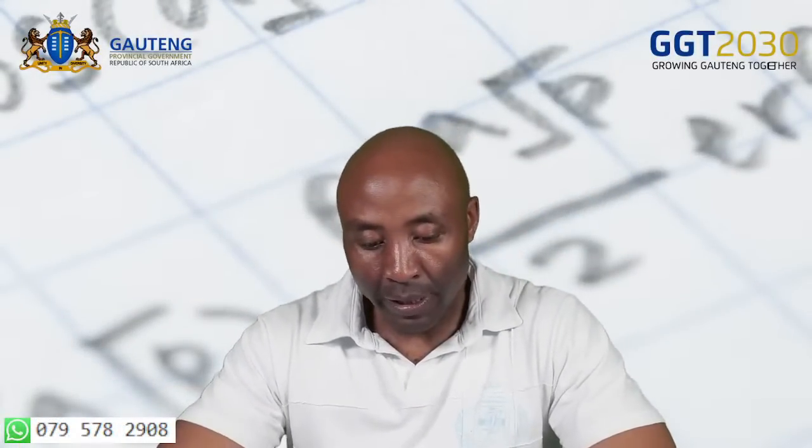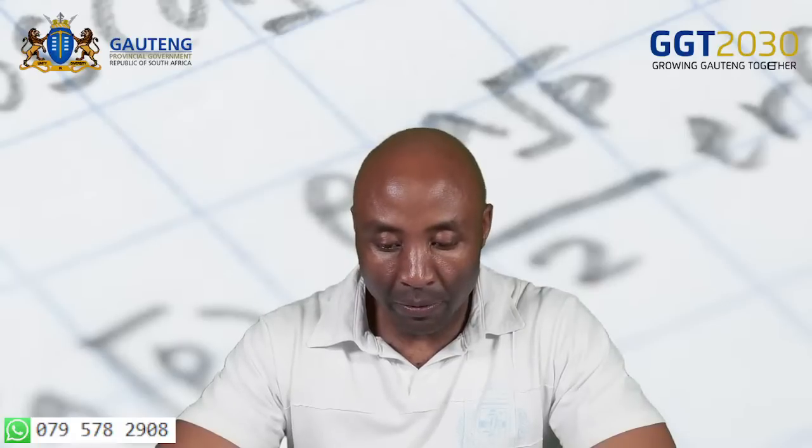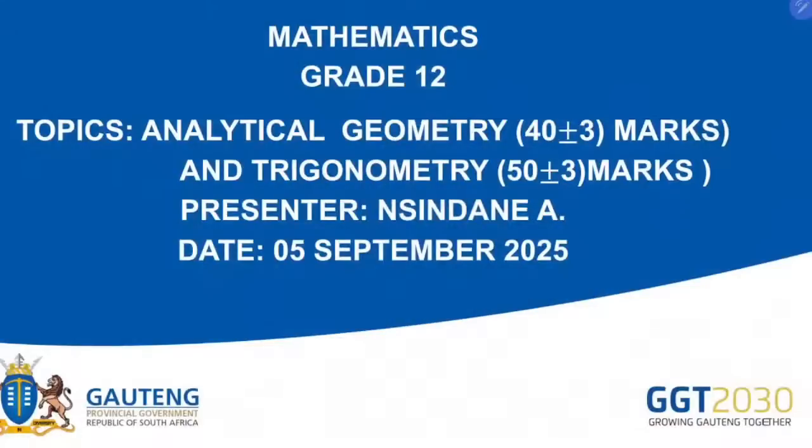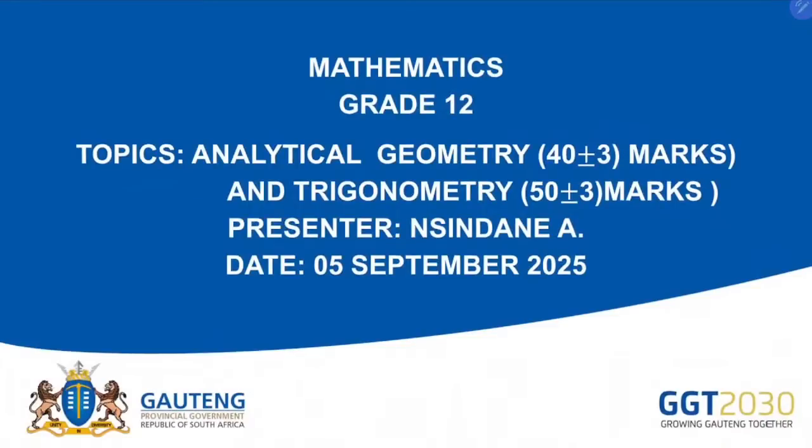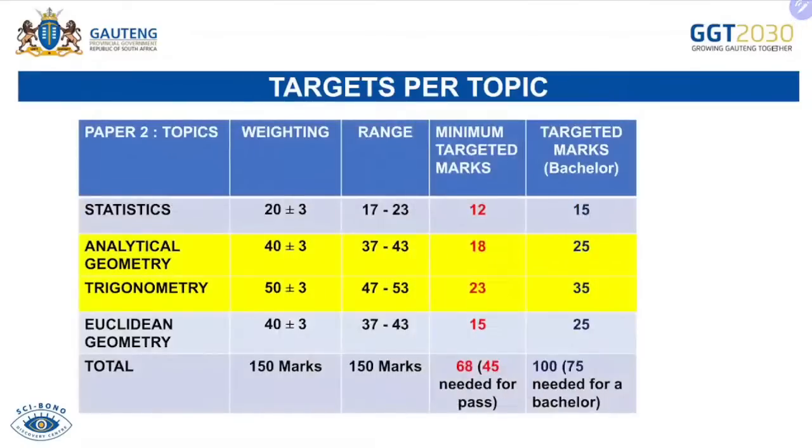Now, our lesson for today, as I've indicated, we are looking at analytical geometry and trigonometry. Our targets: we know that for paper 2 we have 4 topics.